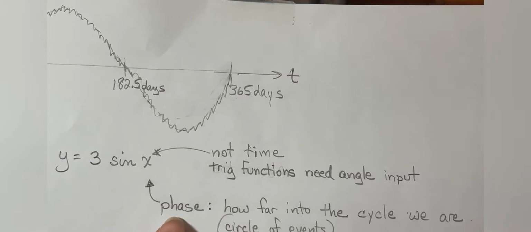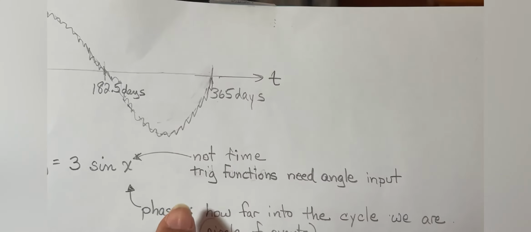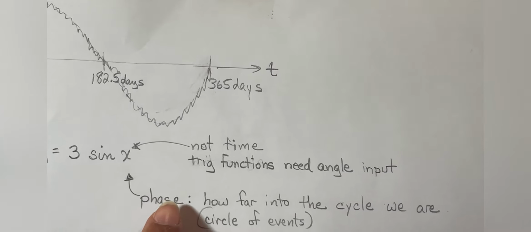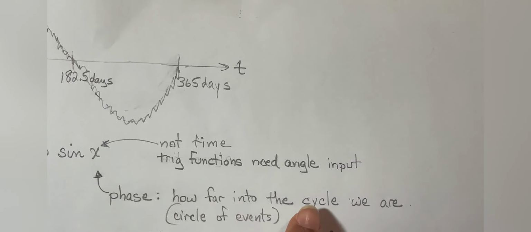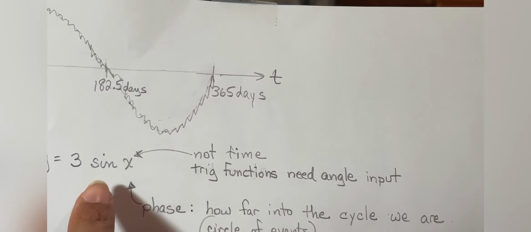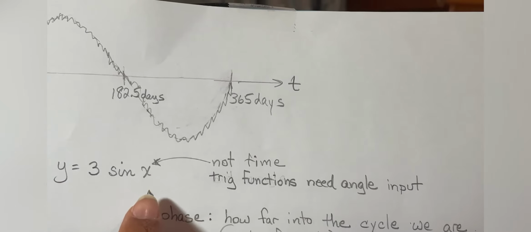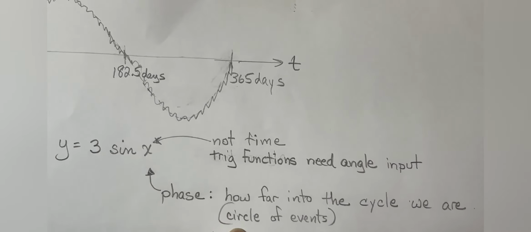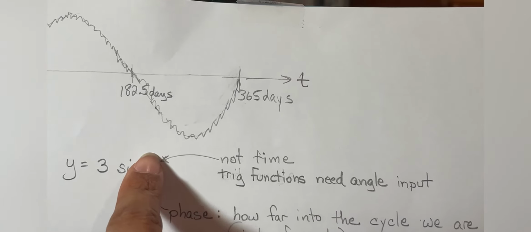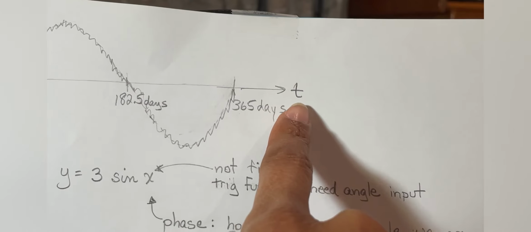And the phase will have an expression that depends on time, but that phase will represent how far into the cycle we are, and it will convert the time into an angle. It's very important to understand this key concept. We're going to rewrite the x as an expression of time, which is our true input.